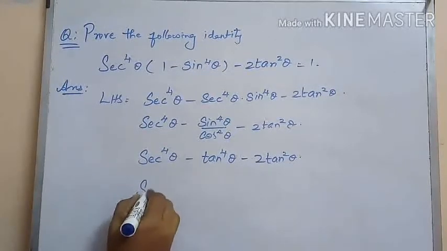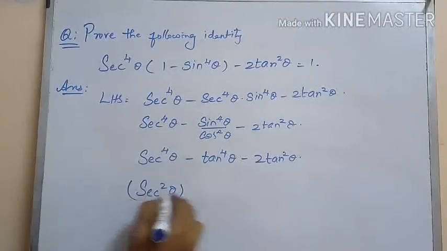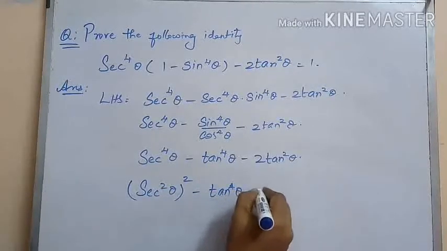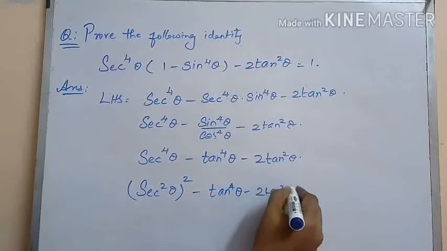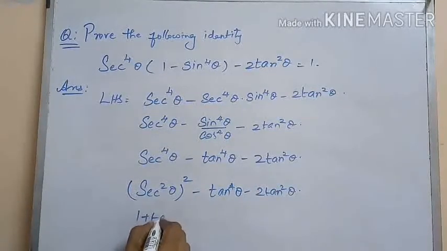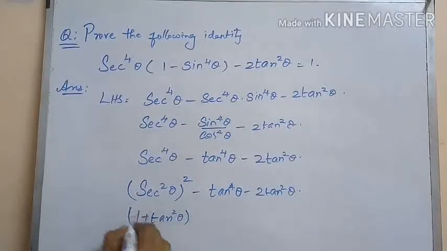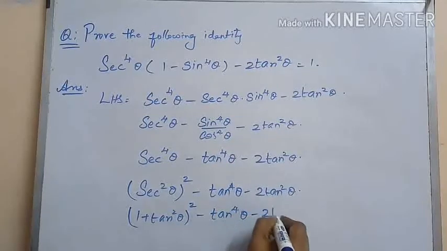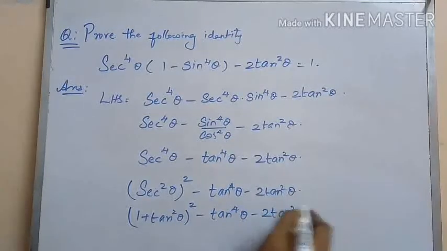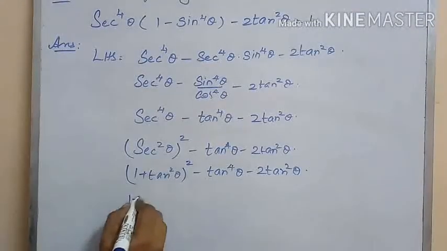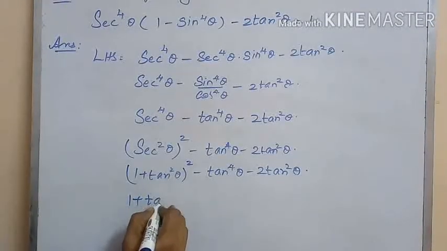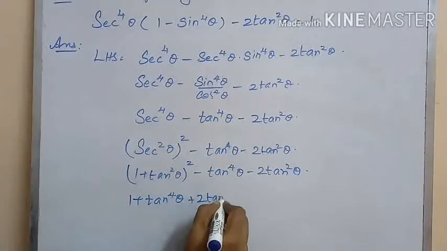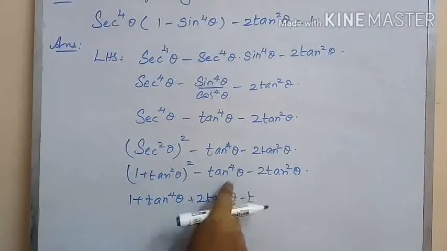Now let us write secant power 4 theta as secant square theta the whole to the power of 2, minus tan power 4 theta as it is, minus 2 tan square theta as it is. And secant square theta can be written as 1 plus tan square theta the whole square, which can be expanded as 1 square plus tan to the power of 4 theta plus 2 tan square theta in the next step.